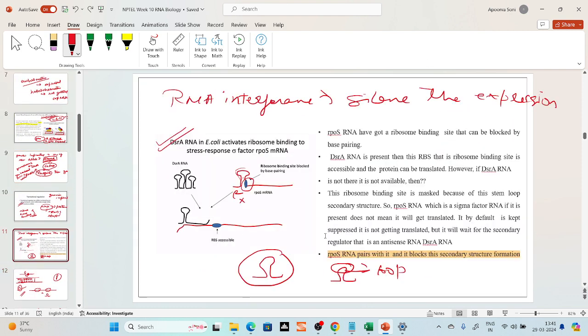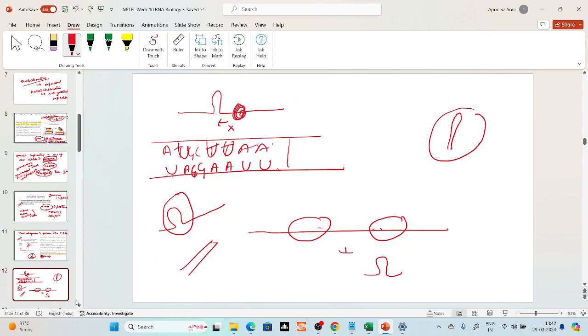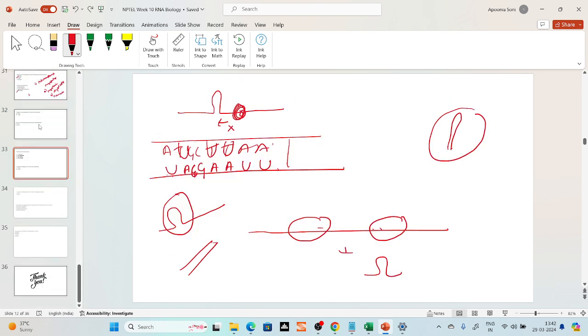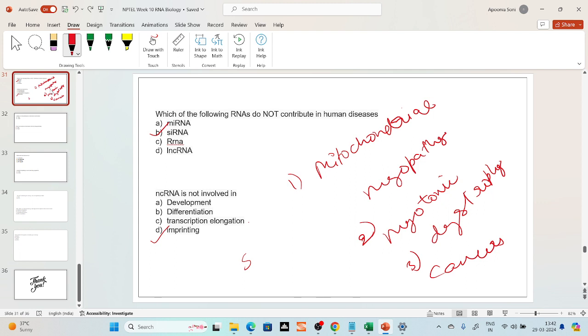Here it is helping not in transcription, it is helping in translation, and that too initiation. So that means transcription elongation, nowhere it is helping. So the correct answer would be answer C, that is transcription elongation.